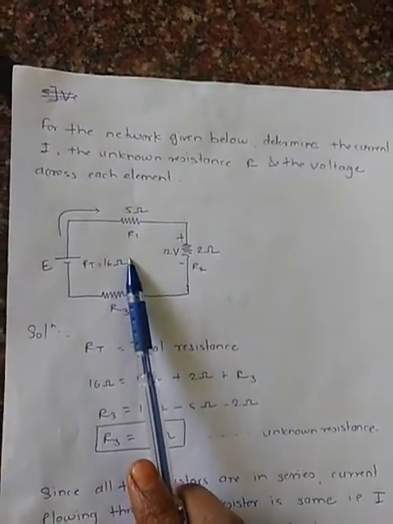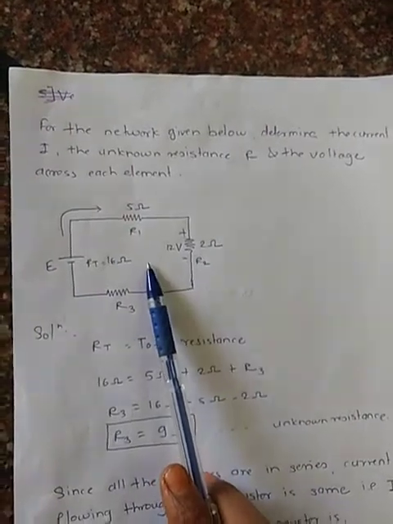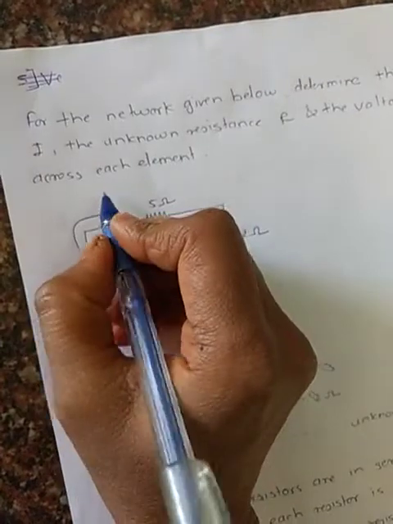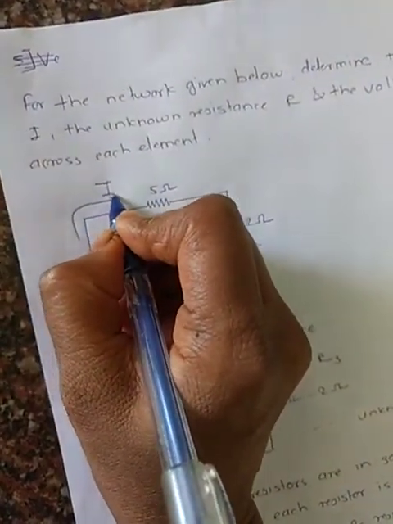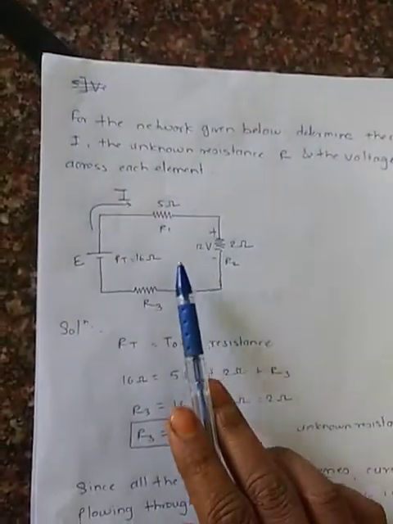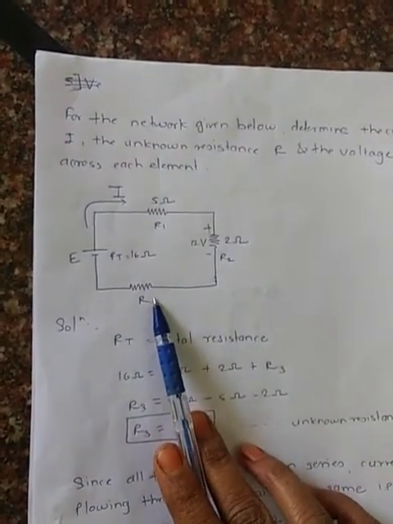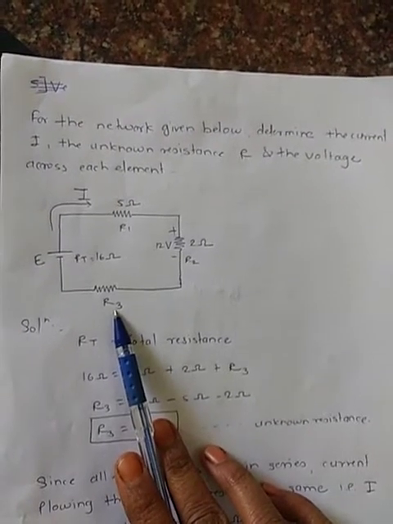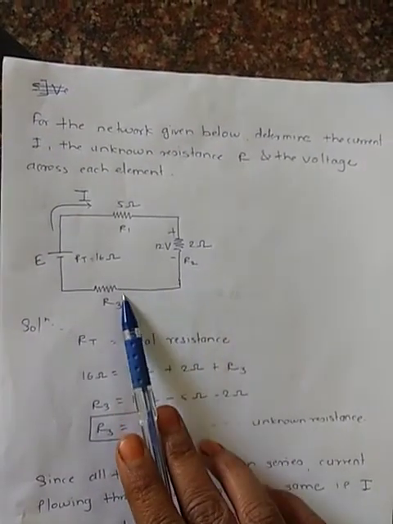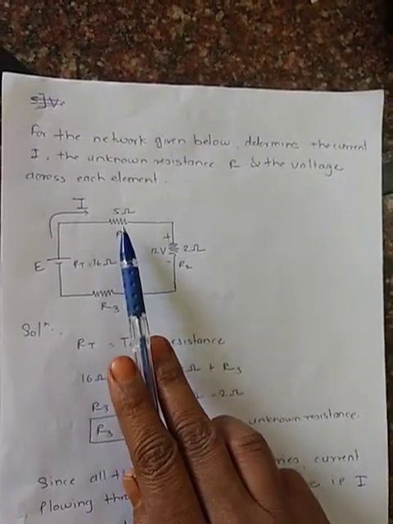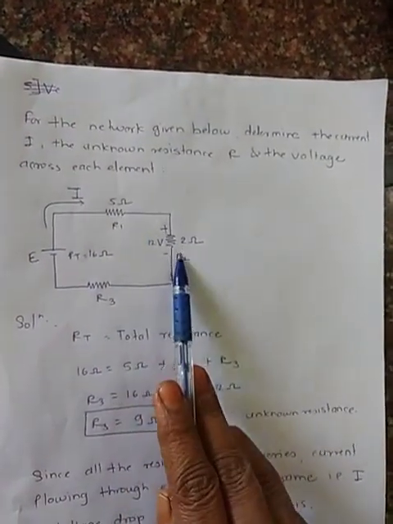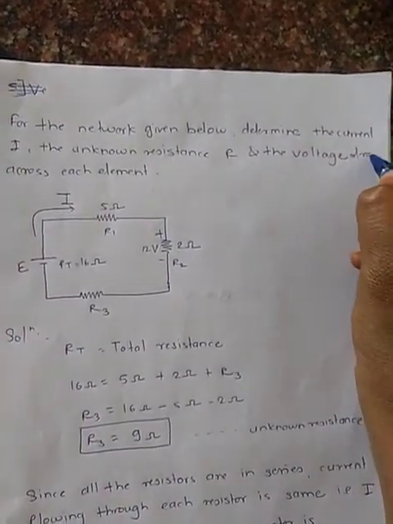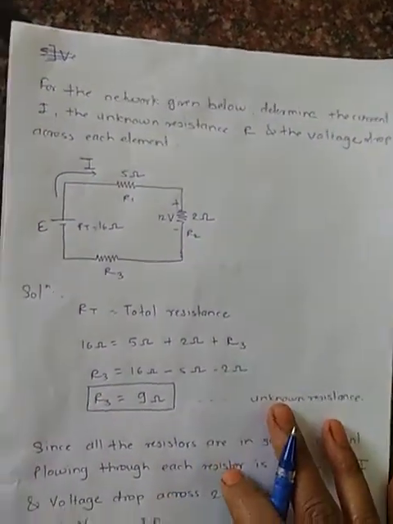The figure is shown here, and we have to find out the current I. This is the current I. Then we have to find out the unknown resistor, R3, and also the voltage drop across each element, across R1, across R2 and across R3. So we will solve this.